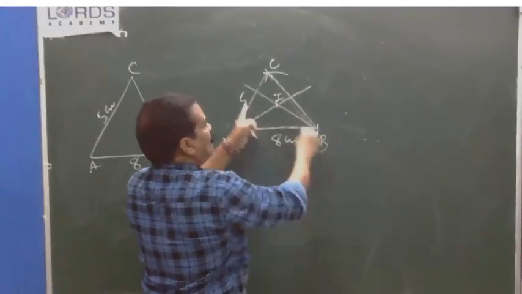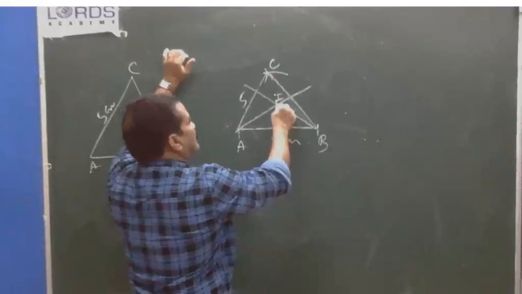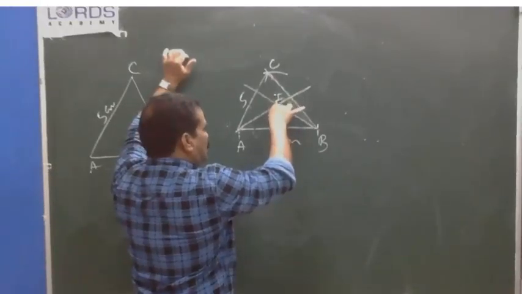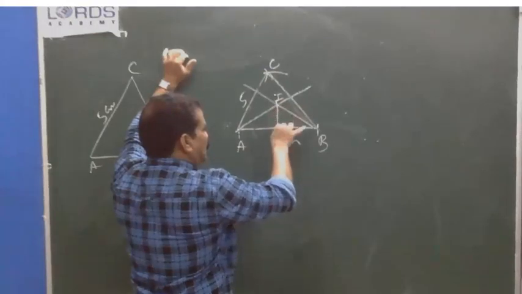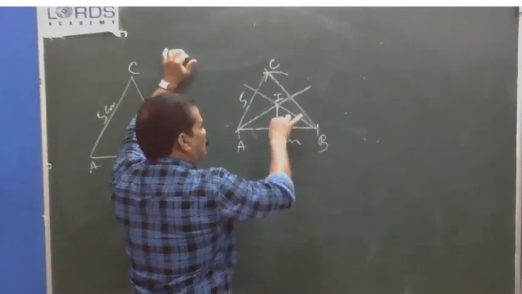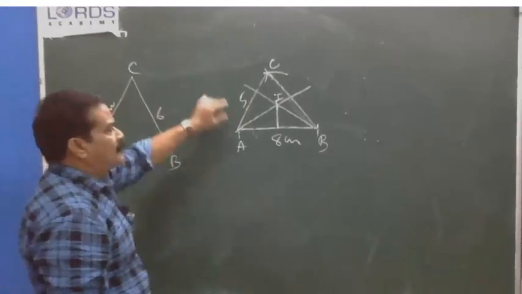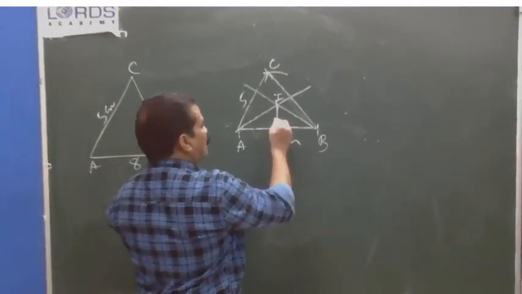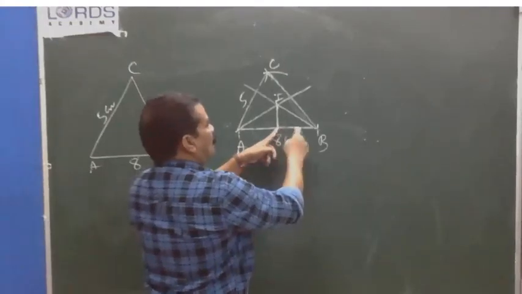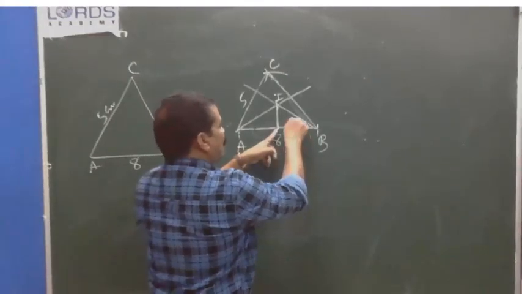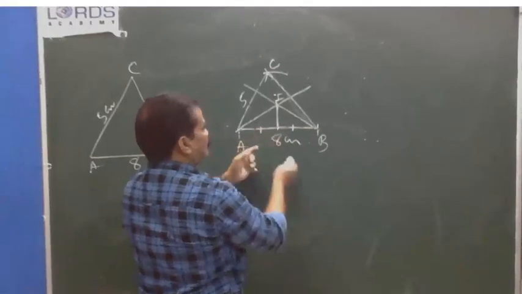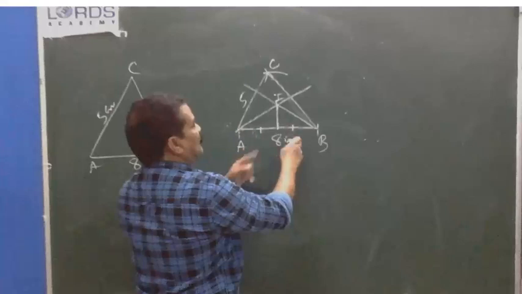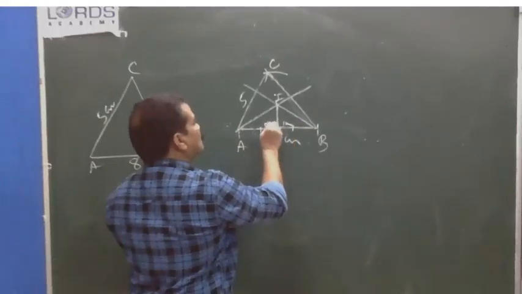For this, you take a perpendicular distance from I to any one side. From this foot, you take 1 centimeter on one side and 1 centimeter on the other. Then this total distance will be 2 centimeter.